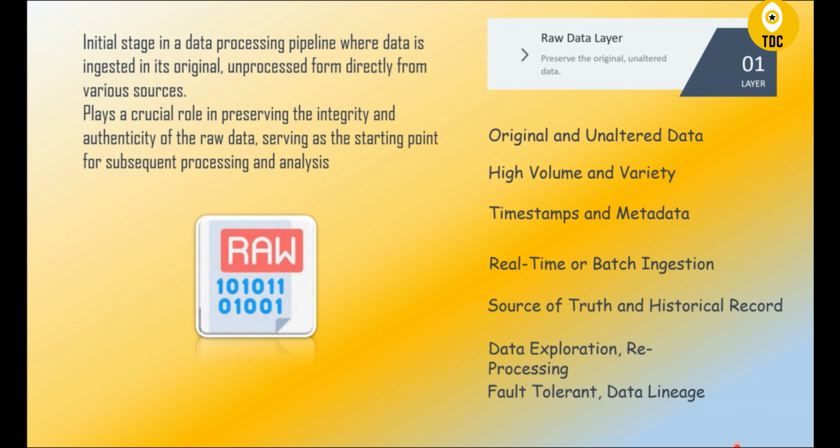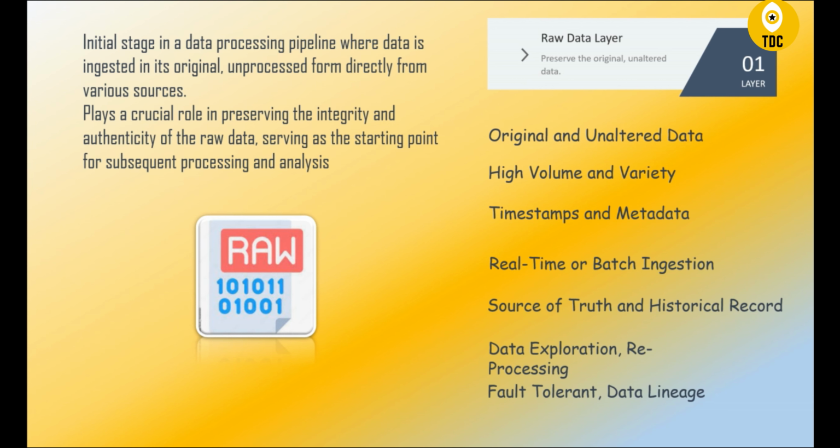It is the source of truth because this is unaltered data. There is no transformation or tampering of the data here. So in any case where you want the data to be revisited, this will be your source of truth, and it also maintains the historical data.